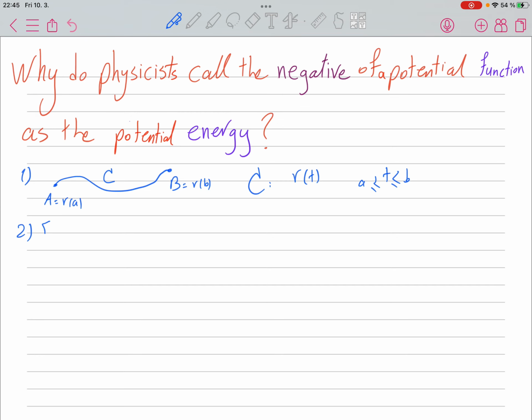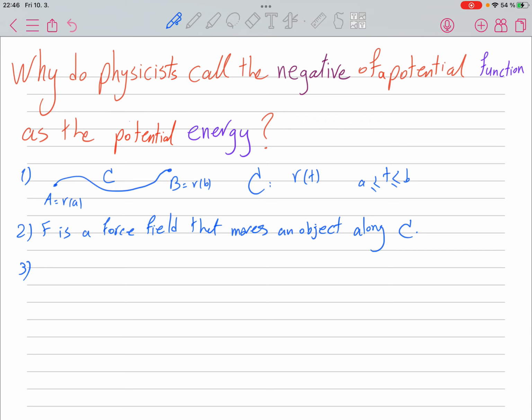And also suppose that F is a force field that moves an object along C, right?